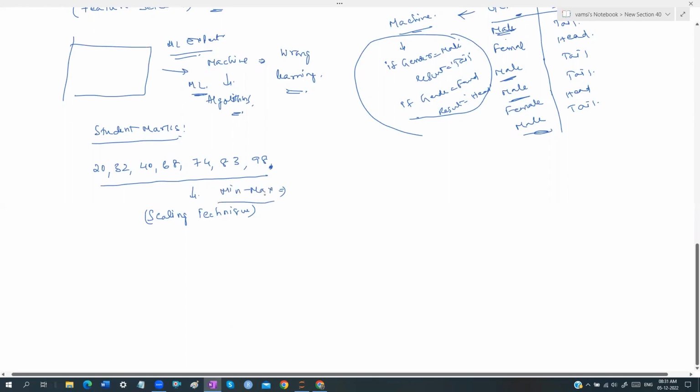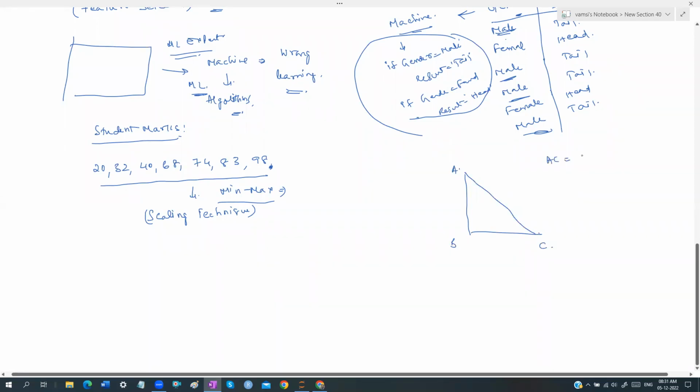In school days, what we used to do, why it is used, we never thought about that. In our school days, why we were using this formula, nobody told us about that. For example, guys, say this is a triangle with points A, B, and C. What is AC?